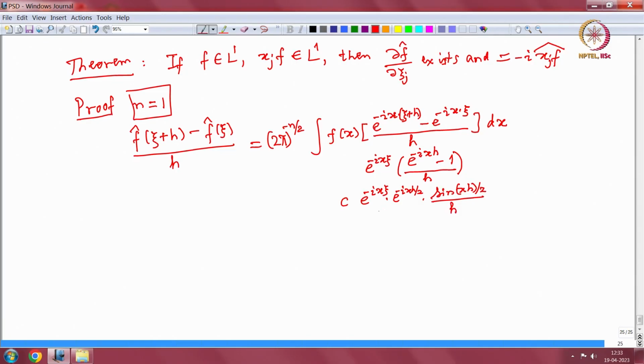These are in modulus 1, so they do not create any problem here. And what about this one? The whole thing is bounded by some constant times mod x.